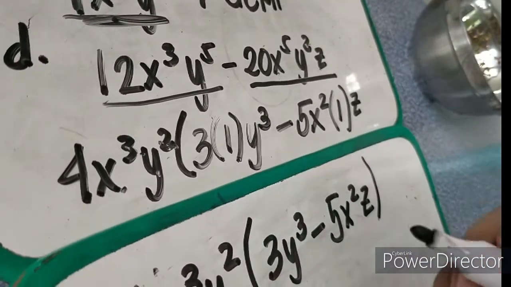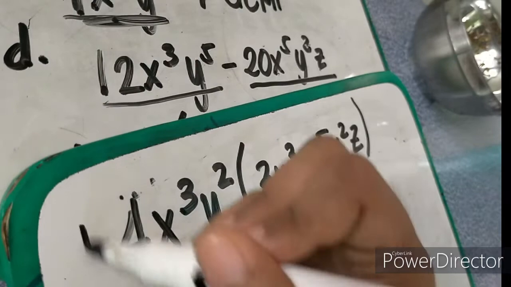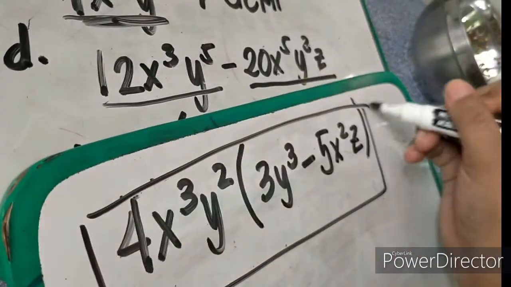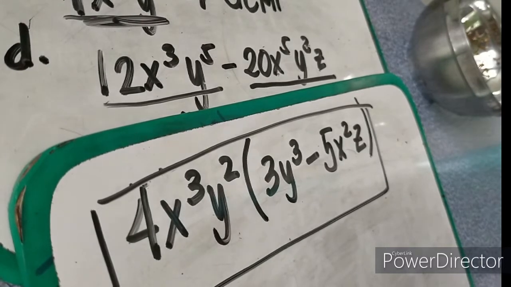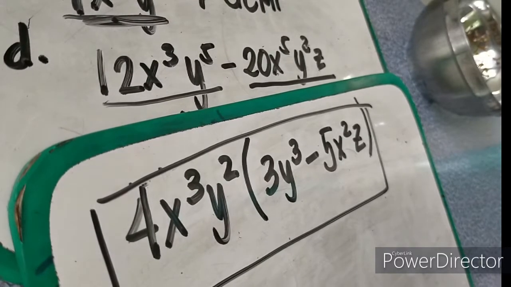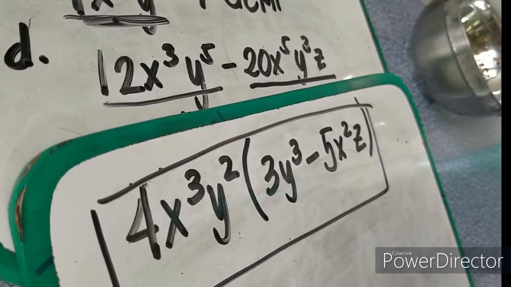Close parenthesis. And this is the factor of our 12x cubed y raised to 5 minus 20x raised to 5 y squared z. And that is how you will factor using the GCMF.